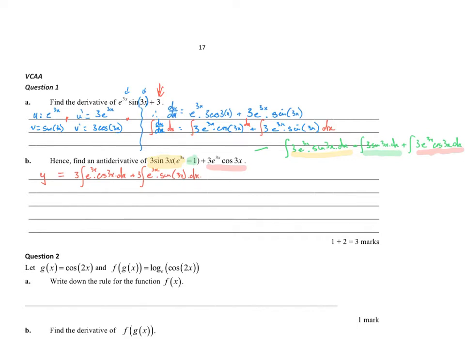Well, 3e to the 3x sine 3x is that expression there, so I've got that one. The green term I don't have. What about that red term? 3e to the 3x cos 3x is that term there. So if I decide to subtract the integral of 3 sine 3x dx from that side, I do the same on this side.